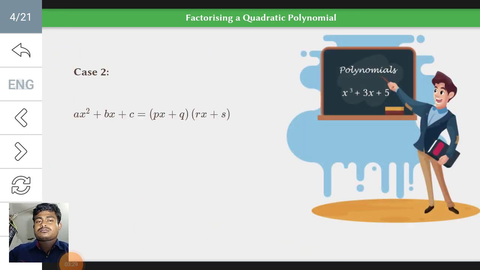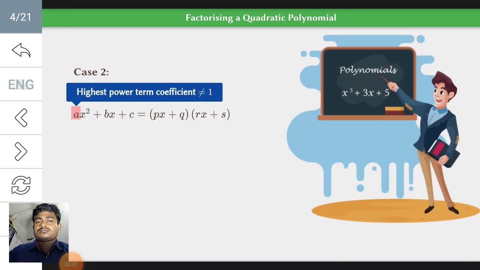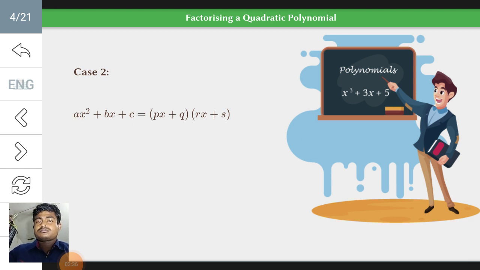Case 2. If the highest power term has a coefficient other than 1, then we must factorize it in the form (px plus q)(rx plus s). The degree of the quadratic polynomial is 2.